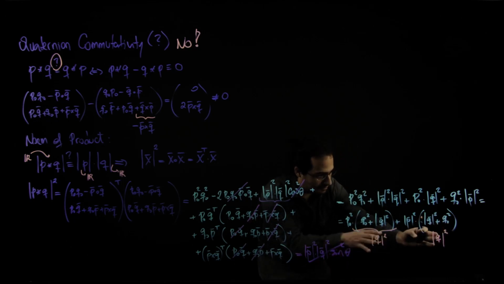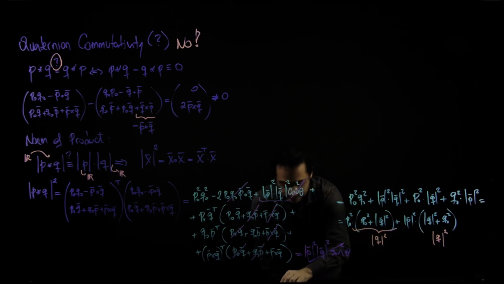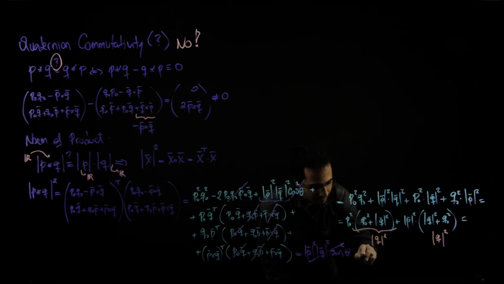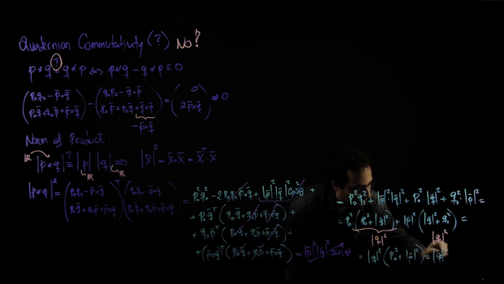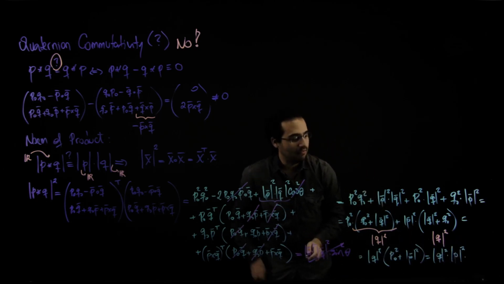So we can put those together. And when we do that, what remains is P squared plus norm of P. And then what we have is finally Q squared, and this is the norm of P. So what I have is that.